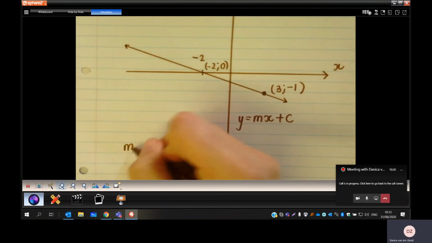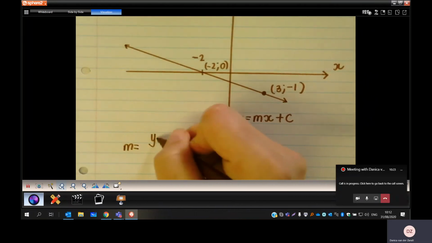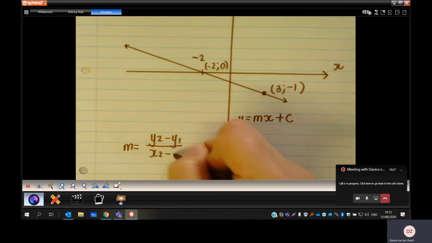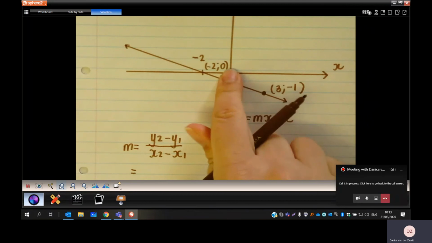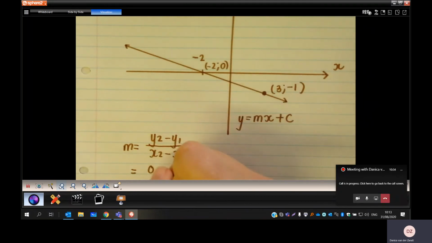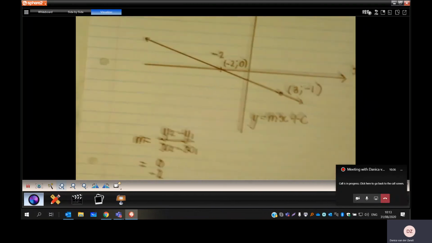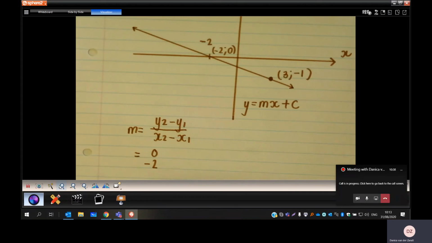My gradient is y2 minus y1 over x2 minus x1. Substituting in coordinates, I'll take that one first, 0 for y, minus 2 for x, and I write it immediately so I make sure that they keep together as a pair.